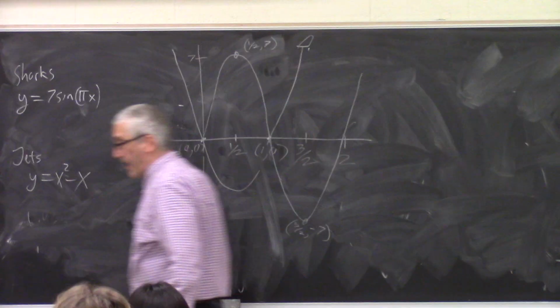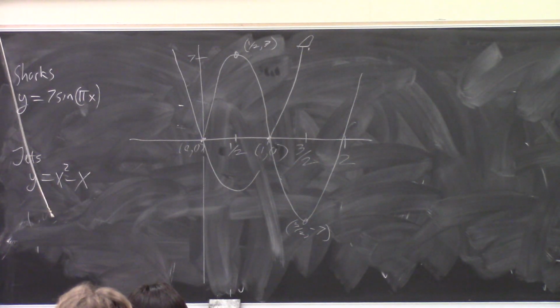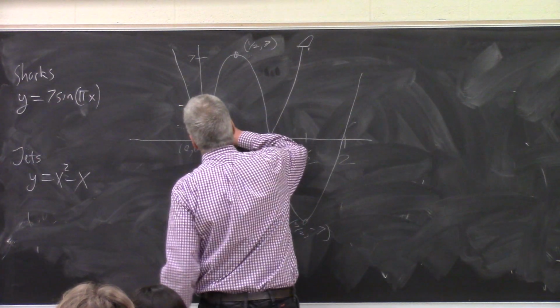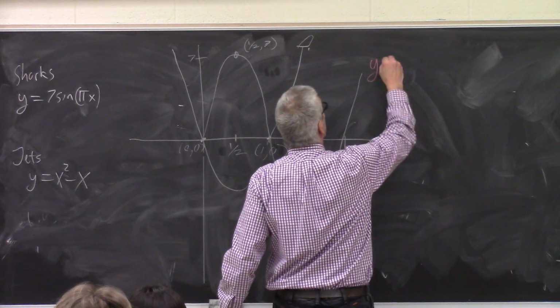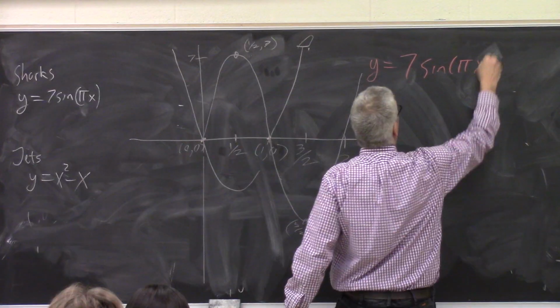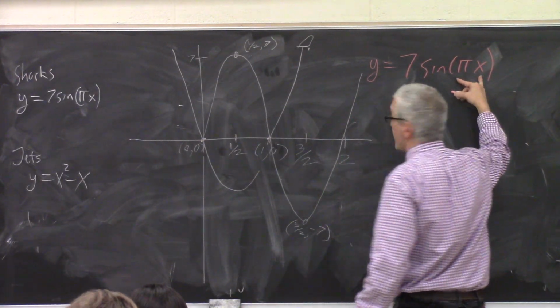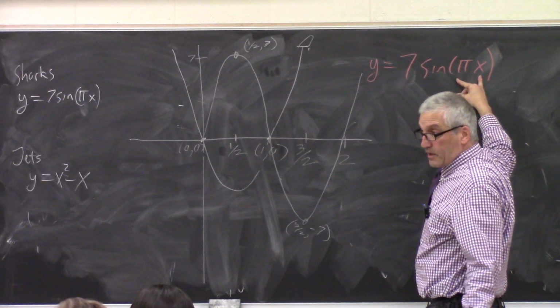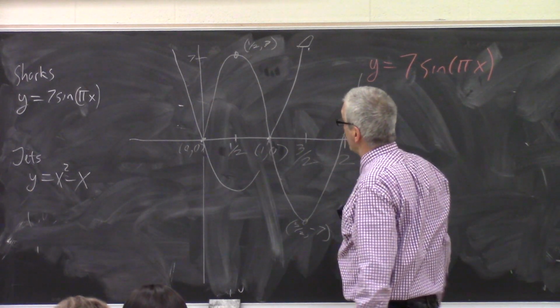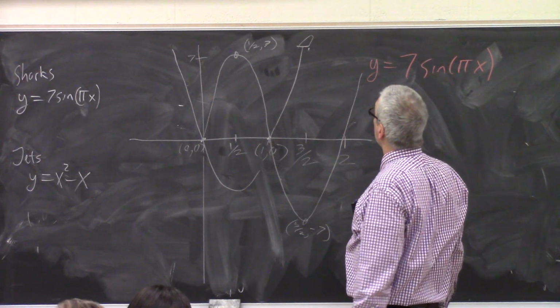So this red graph is y equals 7 sine of pi x. So when x is 1, then the argument inside the sine would be pi. And (pi, 0) is a point on the graph of sine of x.